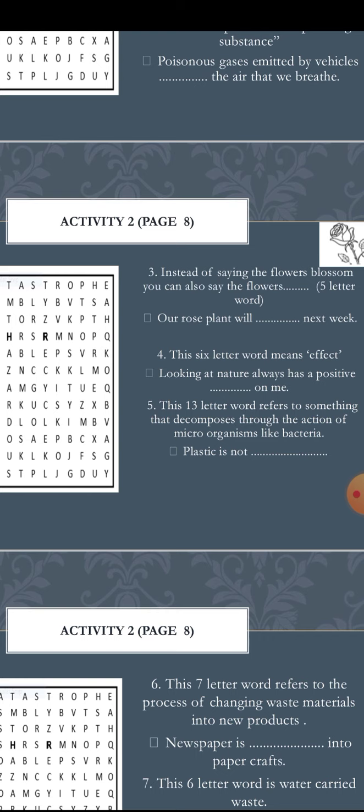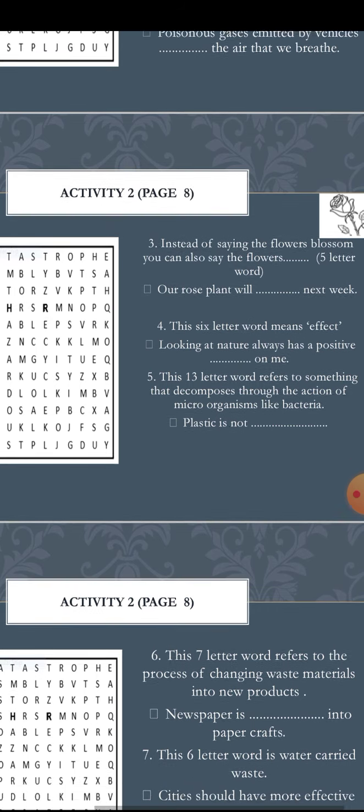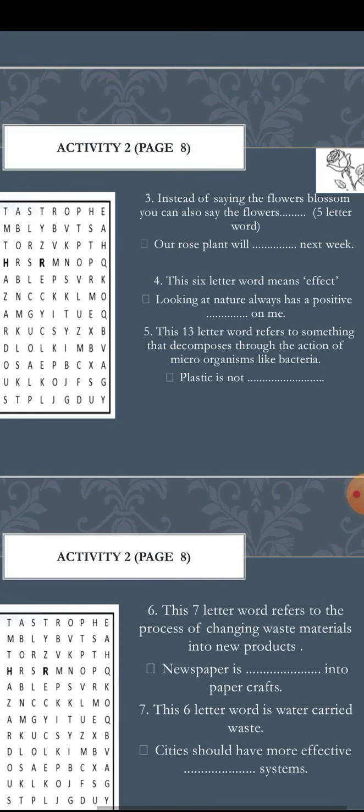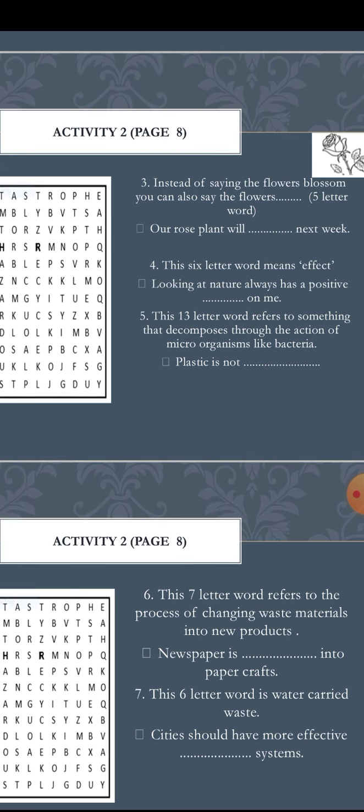This 13-letter word refers to something that decomposes through the action of microorganisms like bacteria. So this is a term related to the environment. So when microorganisms decompose something, if the material is decomposable, it is called dash. What is it called?